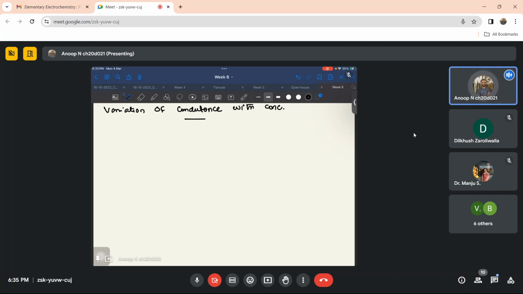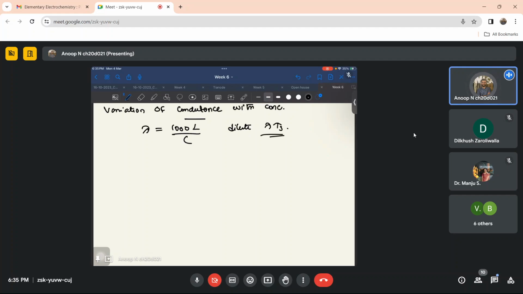What is the relation we have? Lambda is equal to 1000 L by C. As we dilute the solution, what happens? Lambda increases, right? As we dilute the solution, lambda increases.